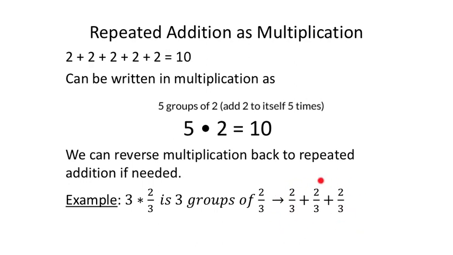We're going to go over what this really means, or even how to do it, in a later lesson. But just to understand, this is what multiplication is. We're going to have some rules to apply to this even before we get to the addition, because if we start with the addition, it does tend to cause some confusion. So, 3 groups of 2/3.